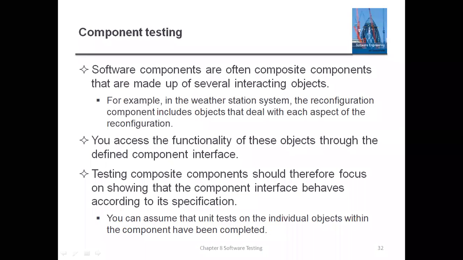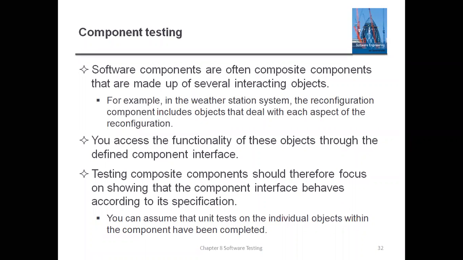These all are nothing but the functionality of your objects. Now if you want to access all the objects, then you have to define all these objects inside the component interface, and when you merge all together and test, that is known as testing composite components. Therefore it has to be focused on your component interface.